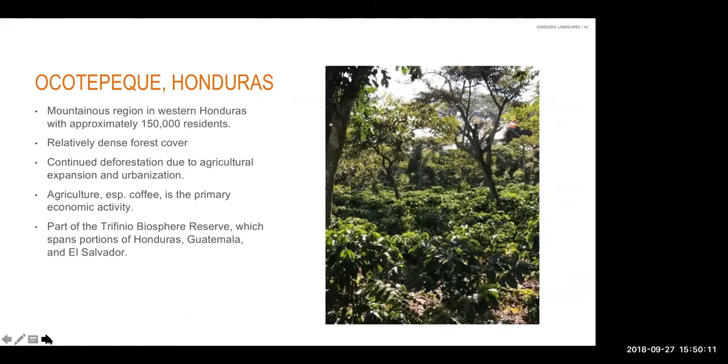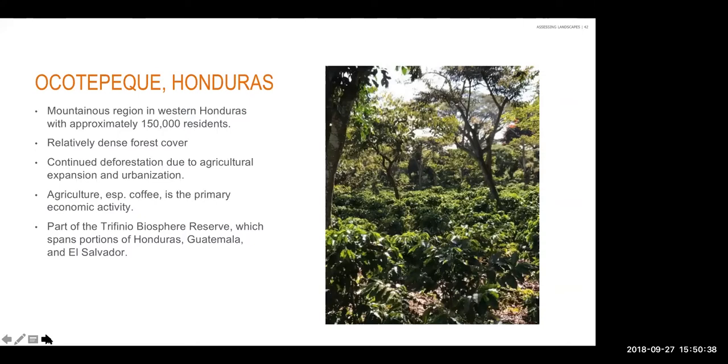So I'll give you a little bit of a taste of what this looks like. As part of the Alliance for Resilient Coffee, we've been working in Ocotepeque in Honduras. It's a very mountainous region in Western Honduras with about 150,000 people living there. Relatively dense forest cover, which is great from a conservation point of view. But there is continued deforestation due to agricultural expansion and urbanization in the region.